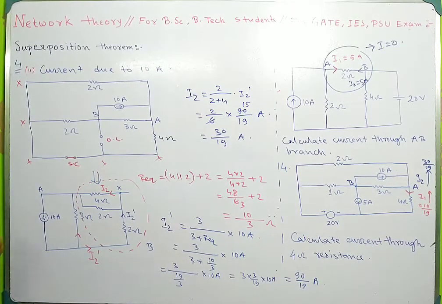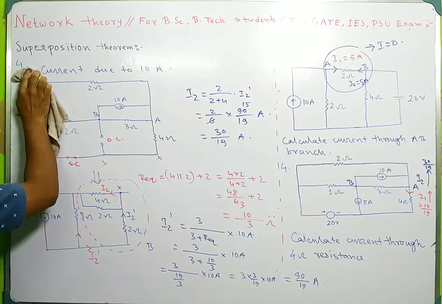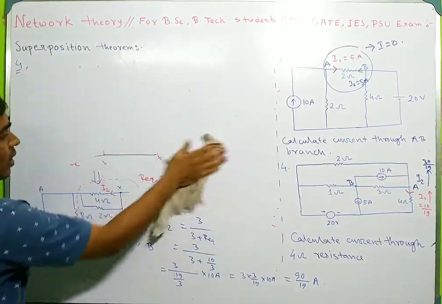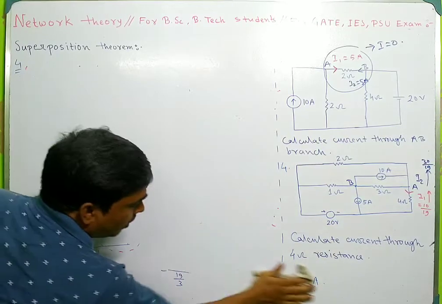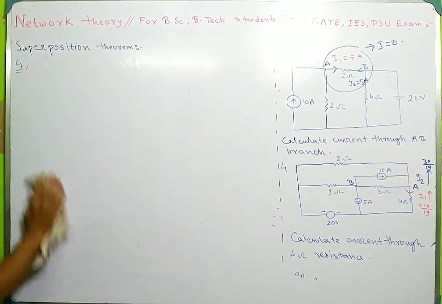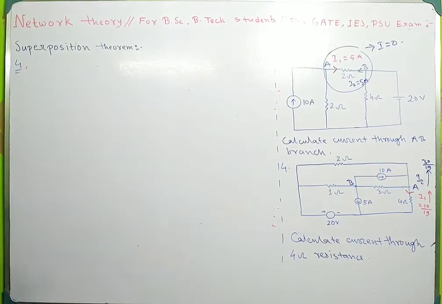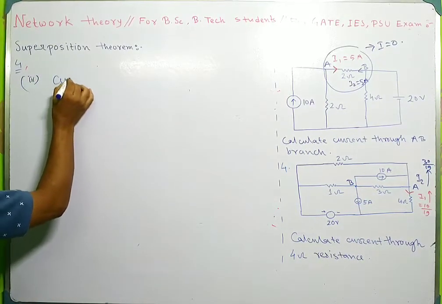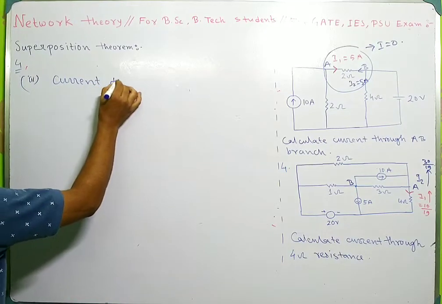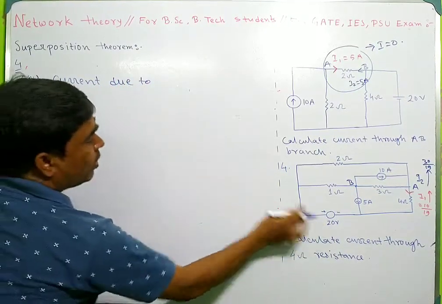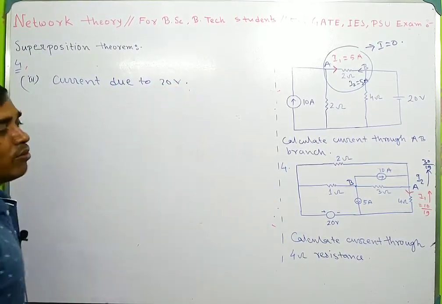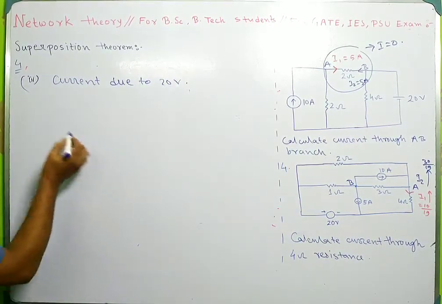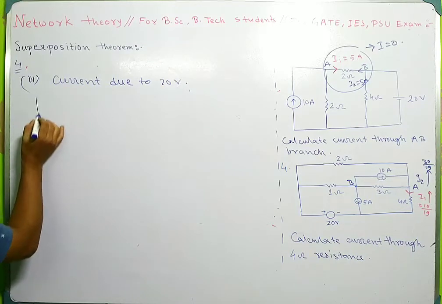Now, number 3, current due to the 20 volt voltage source. For this, the circuit will look like this.